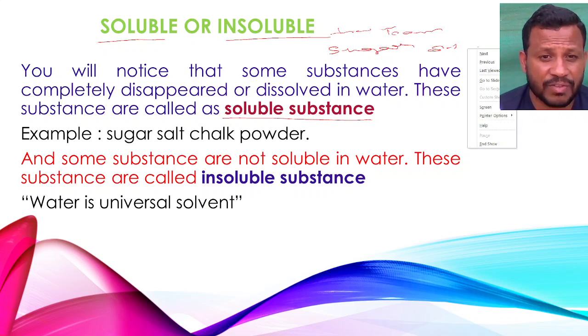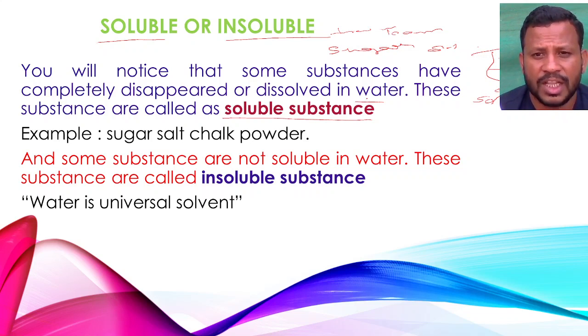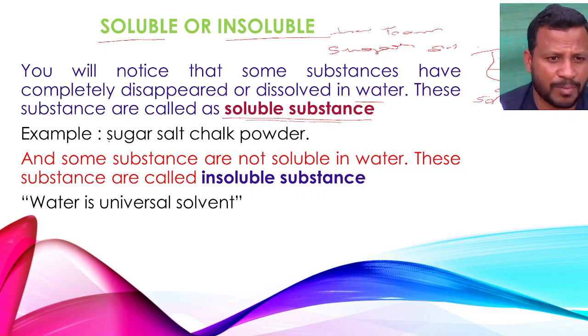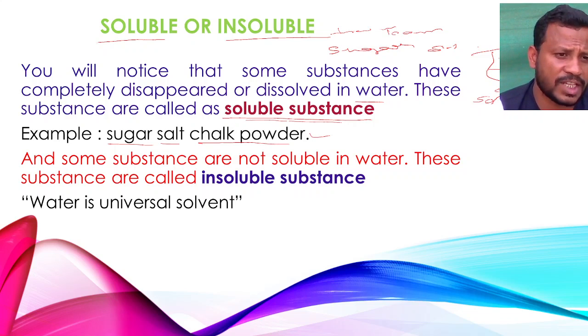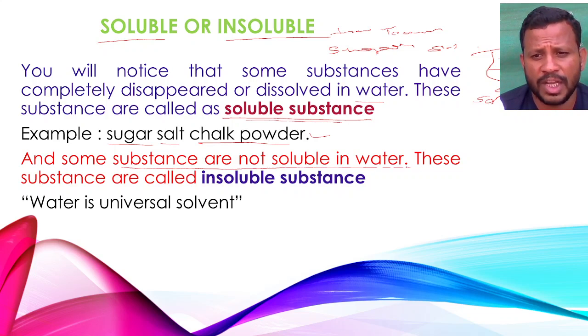It means the substances which dissolve in water are known as soluble substances. For example, you can take sugar, salt, chalk powder, and other examples which are soluble in water. And some substances are not soluble in water. These substances are called insoluble substances.